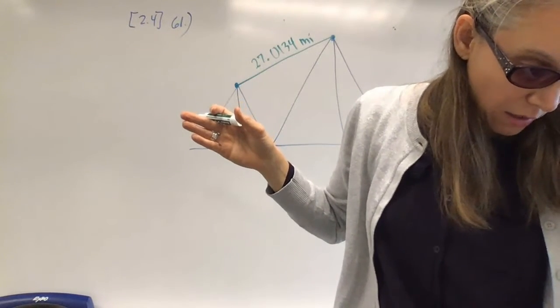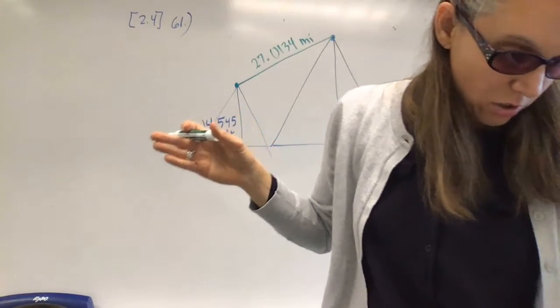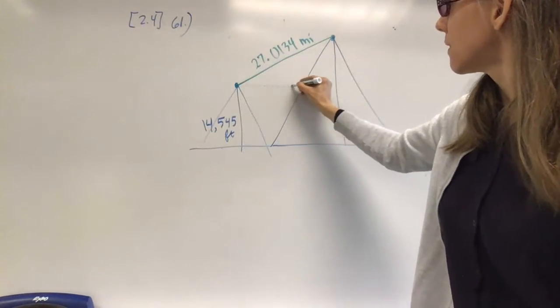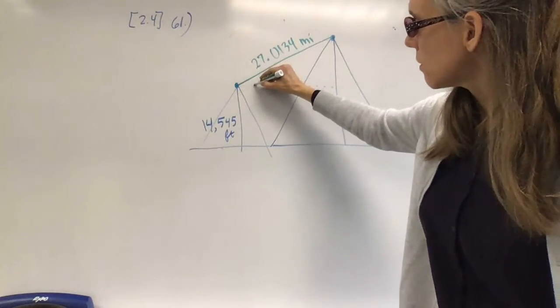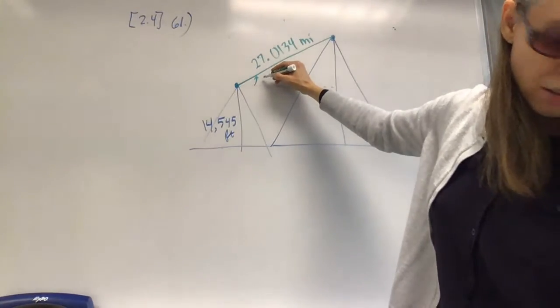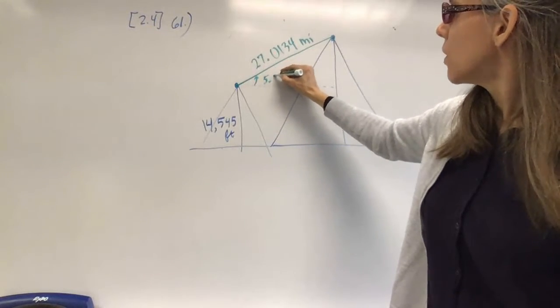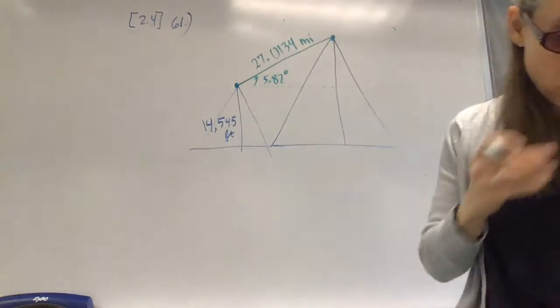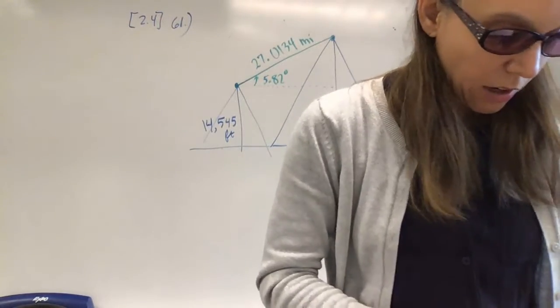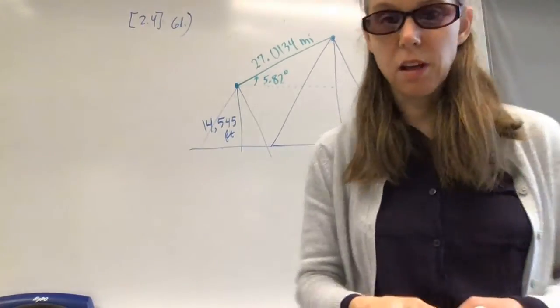And that is with an angle of elevation. So here's the horizon line. Angle of elevation from this lower mountain to this upper mountain, this is not drawn to scale, is 5.82 degrees. So from here we're supposed to figure out the height of Mount Everest.